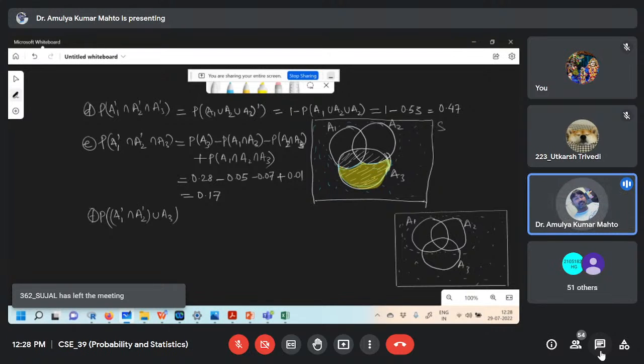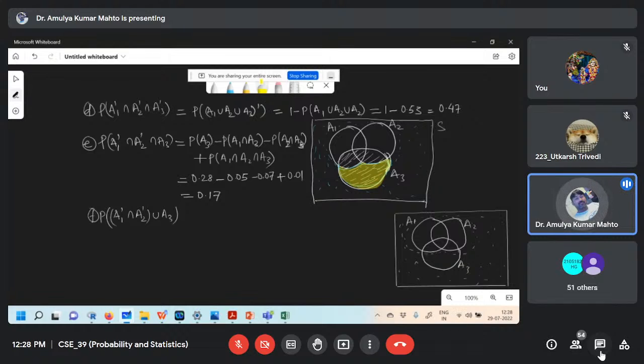And then union with A3. So union with A3 means this part, union means either this outer shaded part or A3 or in both. So both part is this part, in A3 part is this part. So actually it is going to be the entire outer part. Let me highlight it.